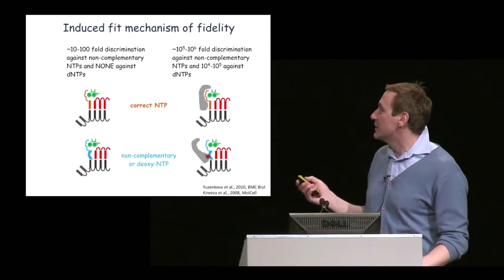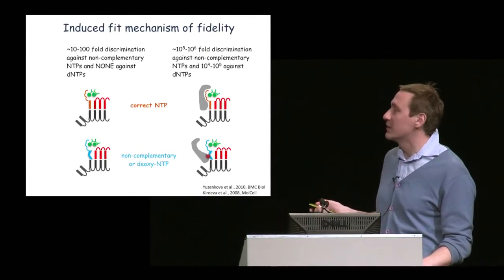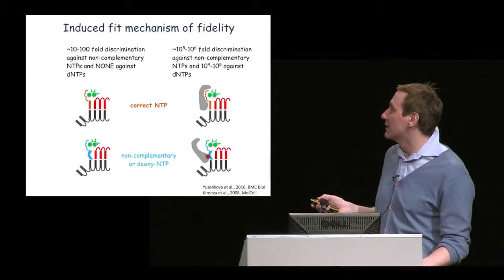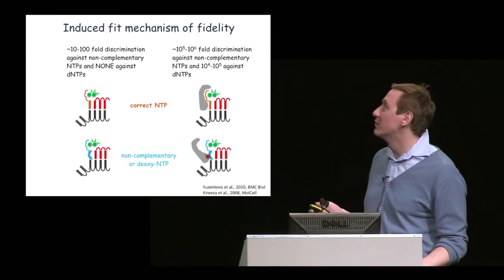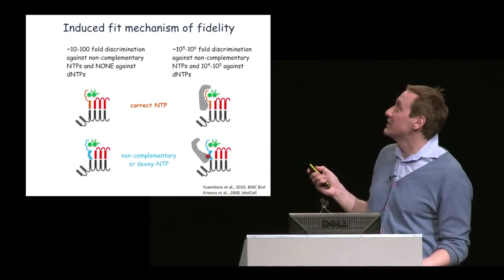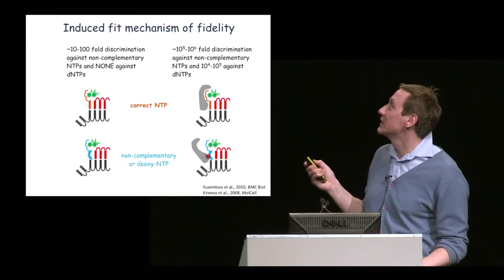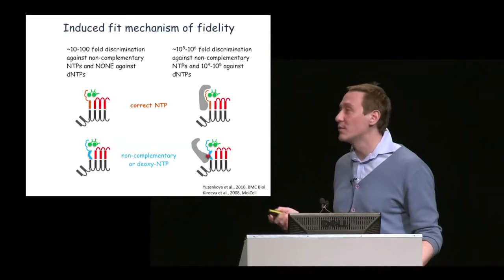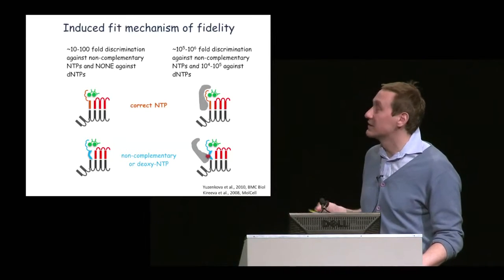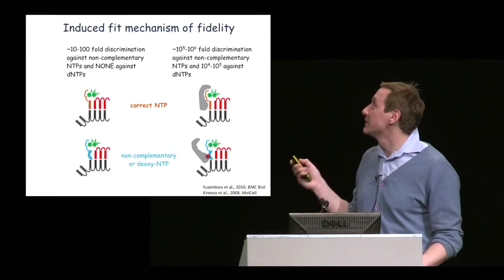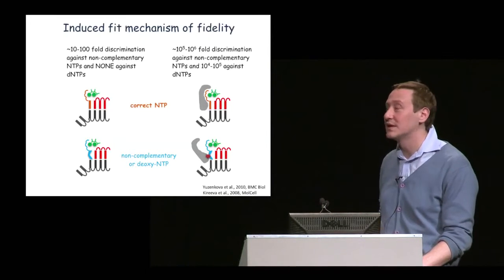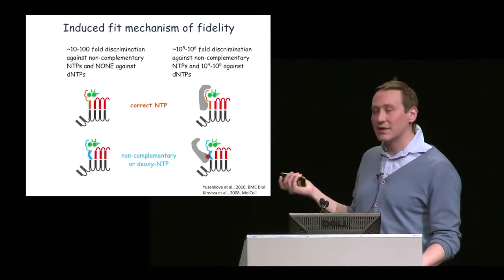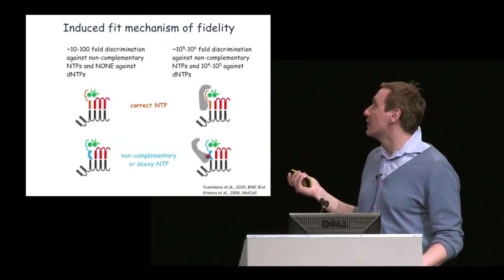However, in the case of the mobile active center with the catalytic domain being flexible as trigger loop, the discrimination increases enormously to almost 6 orders of magnitude discrimination against non-complementary nucleotides and up to 10 to the 5 discrimination against deoxynucleotides. So why would it happen and how does it work?